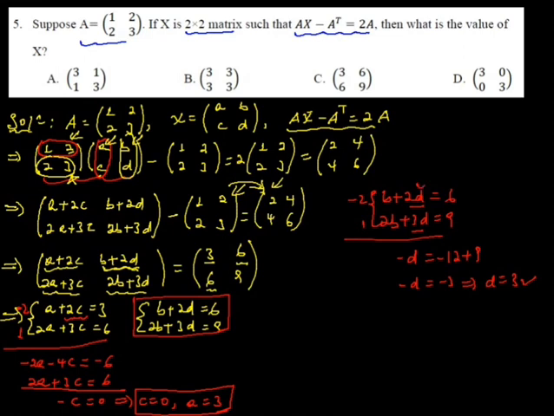If D is positive 3, you can use the first equation, B plus 2D is equal to 6. This is 6. So B plus 6 is equal to 6 means B is 0.